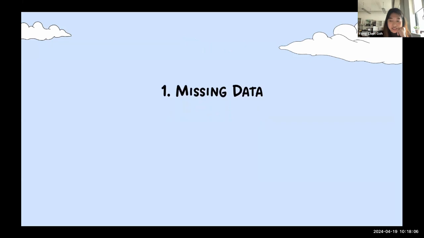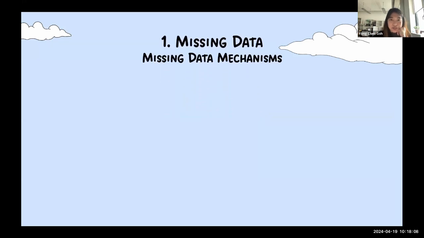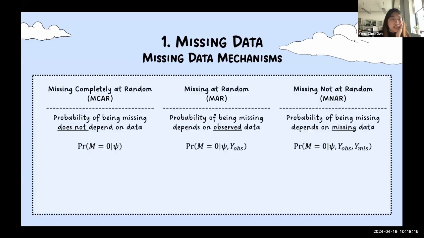So first off, missing data. There are 3 different types of missing data mechanisms. The first one is missing completely at random. That's saying that the probability of your data being missing doesn't depend on the data at all, so it just depends on some parameter psi.